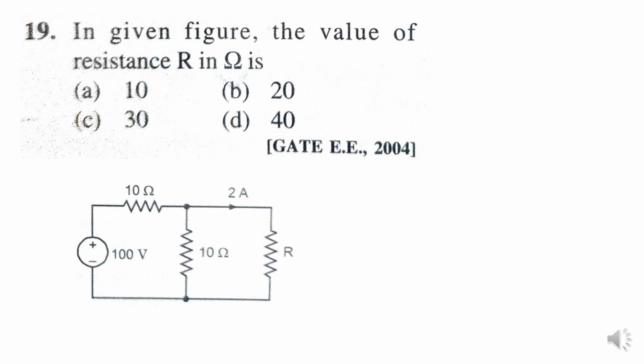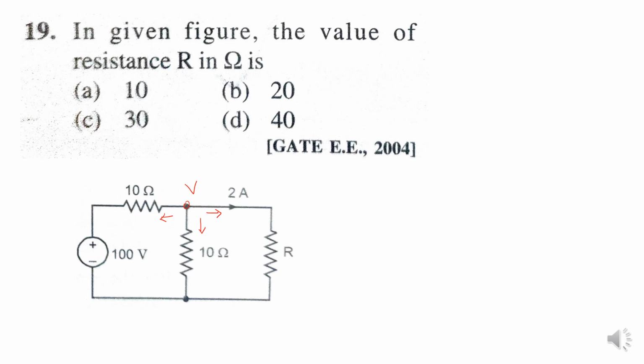Next. In the given figure, the value of resistance R in ohms. See here, I am going to apply the nodal analysis to find out the resistance. So at the node, I have to mark the voltage V. Before that, I have to assume the direction. All the currents are flowing away from the junction.